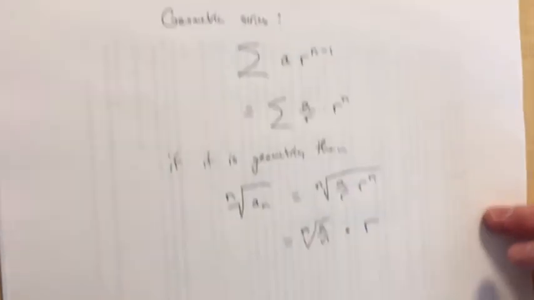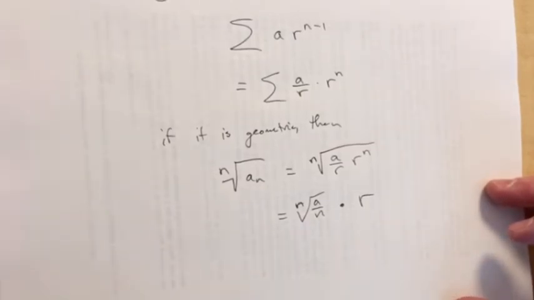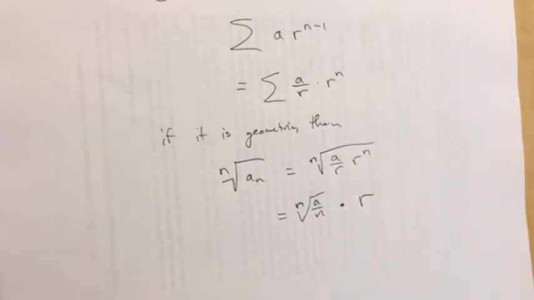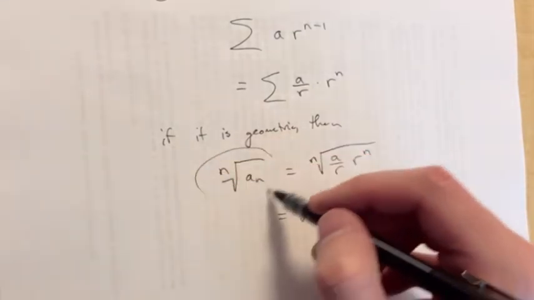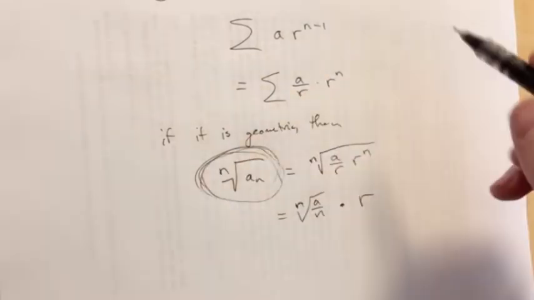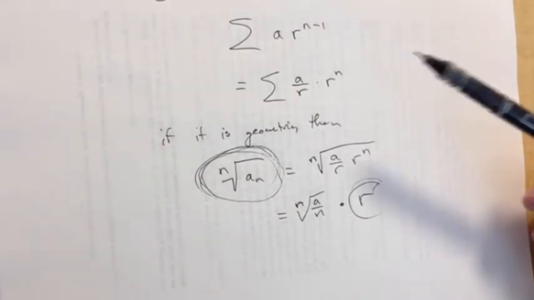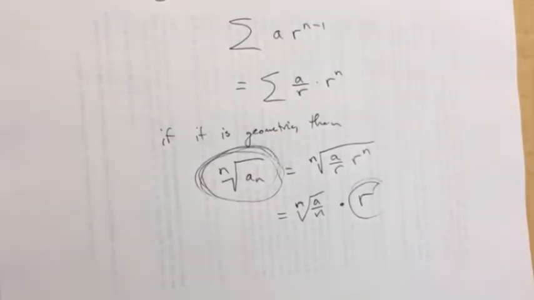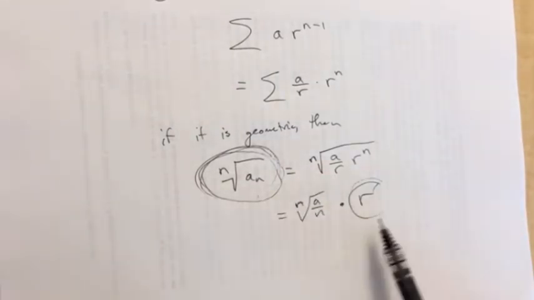Sorry, I'm off the bottom. And so what I'm saying is, again, the convergence of this thing is related to this r. The geometric series will converge when the r is less than 1 in absolute value, and this thing over here is basically a constant times r.